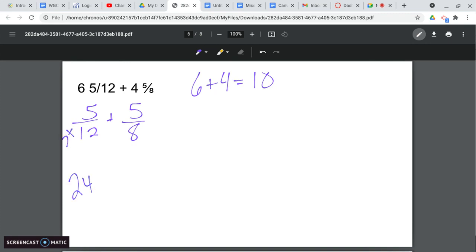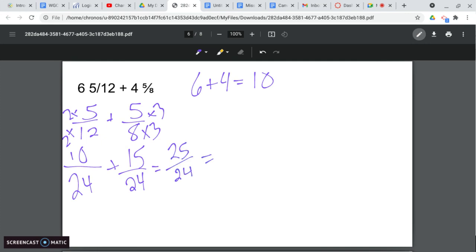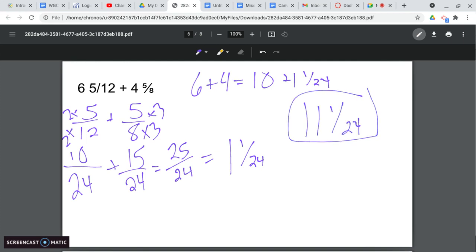So we multiply by 2, 2 times 5 is going to give us 10, plus 8 times 3 and 5 times 3, so it'd be 15 over 24. So 10 plus 15 is going to give us 25 over 24, which would be 1 and 1/24 to add to our 10. So we'd have 11 and 1/24. So that'd be our answer.